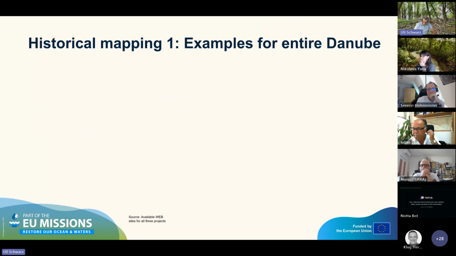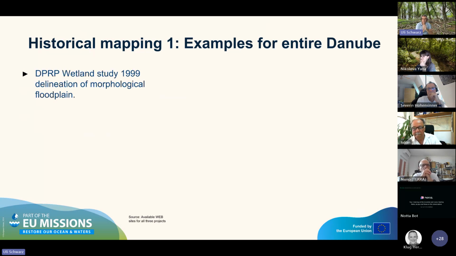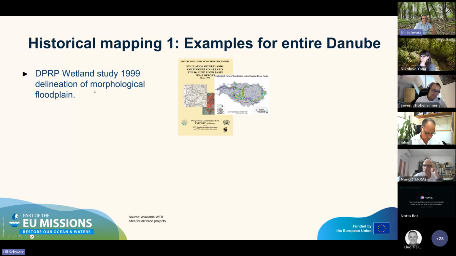So let's talk about historical mapping examples for the entire Danube. We start also with the Auen Institute, Floodplain Institute in Rastatt, 1999, on a study of the Danube Pollution Reduction Program, a so-called wetland study. And we use the general map, Generalkarte.